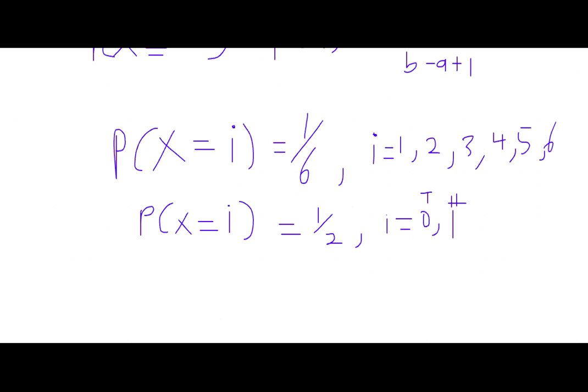So as long as you're talking about individual discrete values, 1, 2, 3, 4, 5 to n, and you have equal probability of picking any of the values, then you have a discrete uniform distribution. All right, so that is the case.